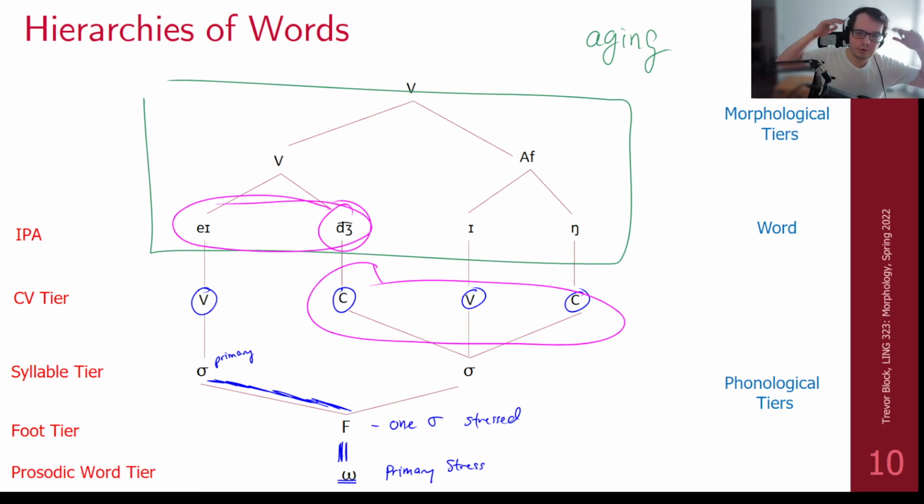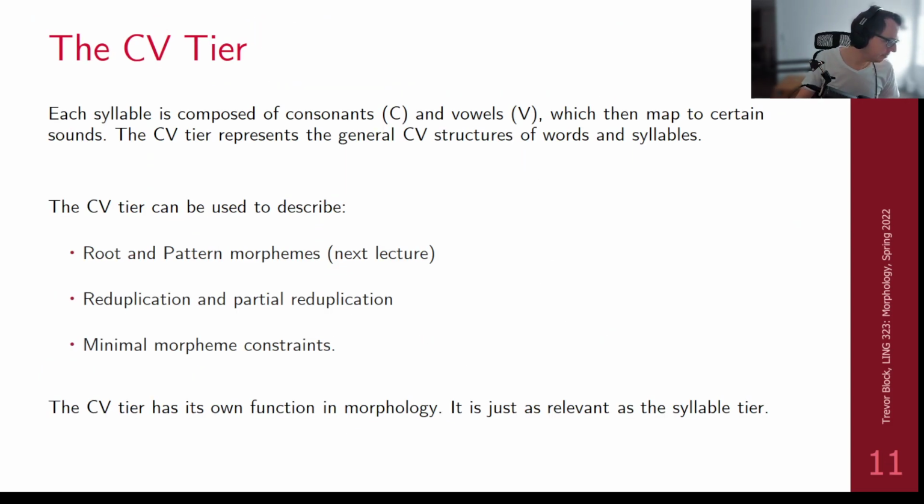So the morphological tier, the word tier, doesn't align completely with the sound tier. These are two separate things. So we can express these all on one slide. So let's talk about each tier and then we'll do some practice drawing of the whole thing just to get comfortable with it. See how this works with morphology.